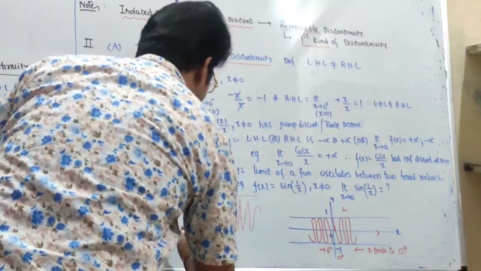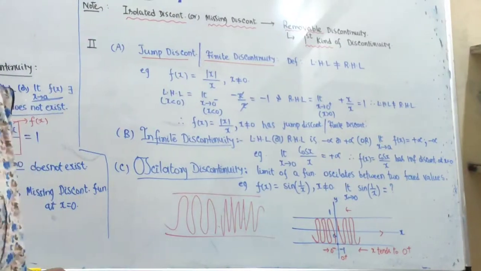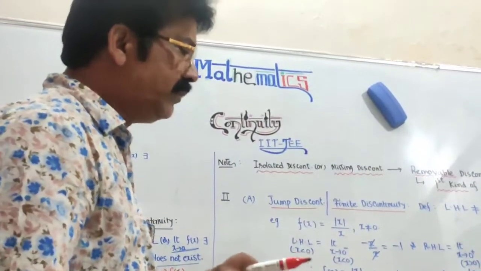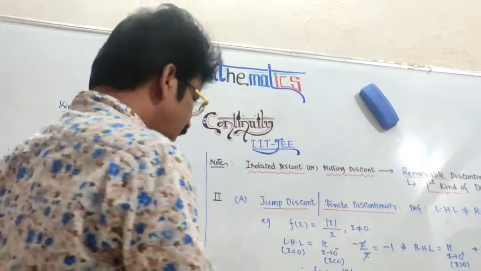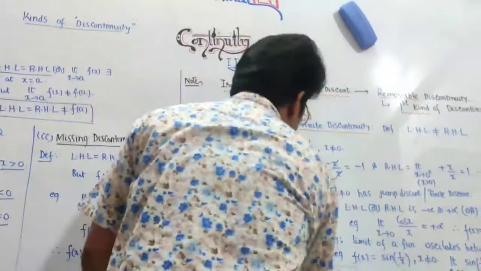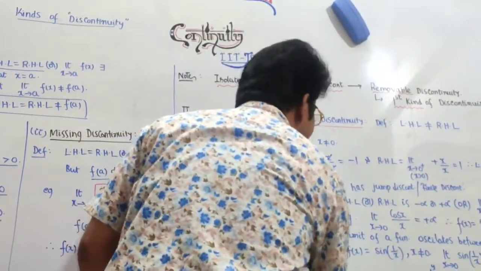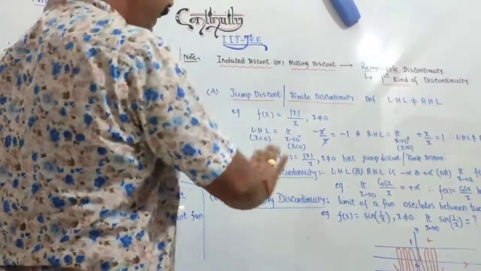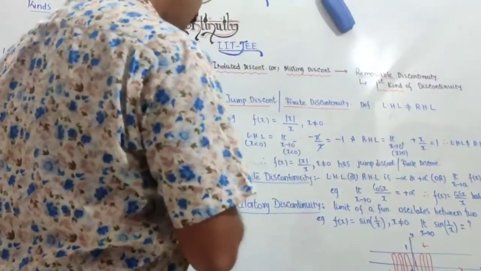It should not be exceeded by +1 and -1. These are the two fixed values. So it is called oscillatory discontinuity. For example, f of x equal to sine of 1 by x.